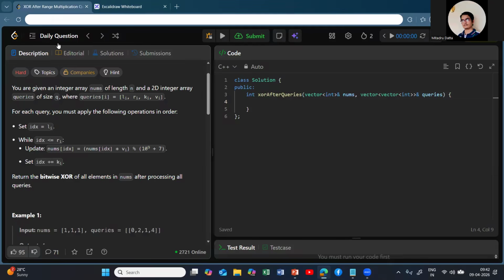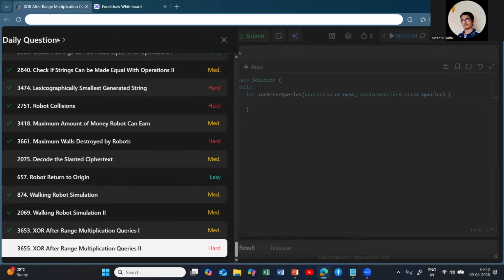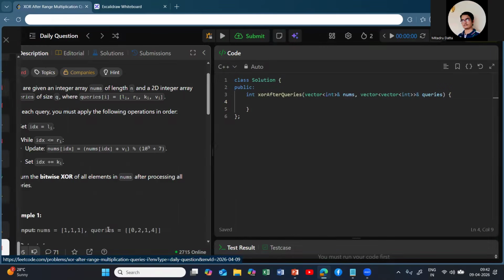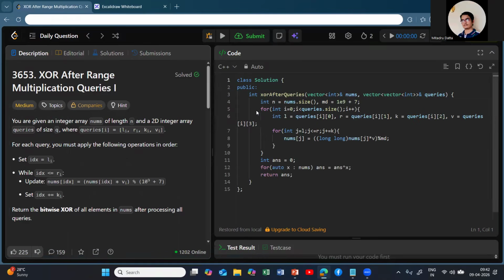So if you see, yesterday's problem was very simple. I had given the solution in the post, so I will go to that problem and copy the solution. You see, this solution is very simple. It is the exact same problem. What we do here is, for n and modulo 1e9 plus 7, we extract each and every query and simply apply brute force.